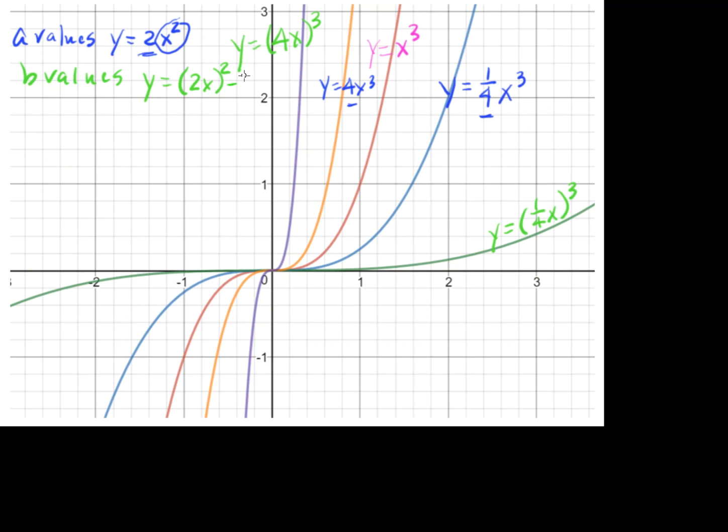Now that we've identified what a values and b values are, let's go over the vocabulary. A values indicate either a vertical stretch or a vertical compression.